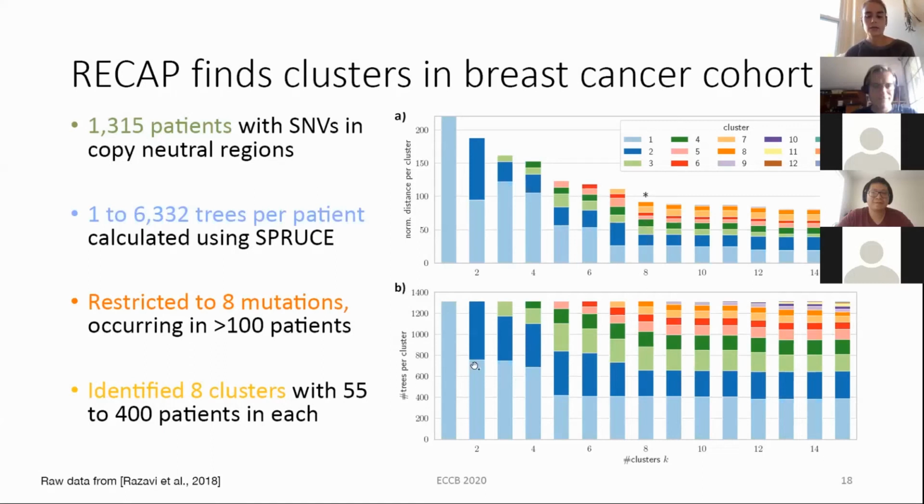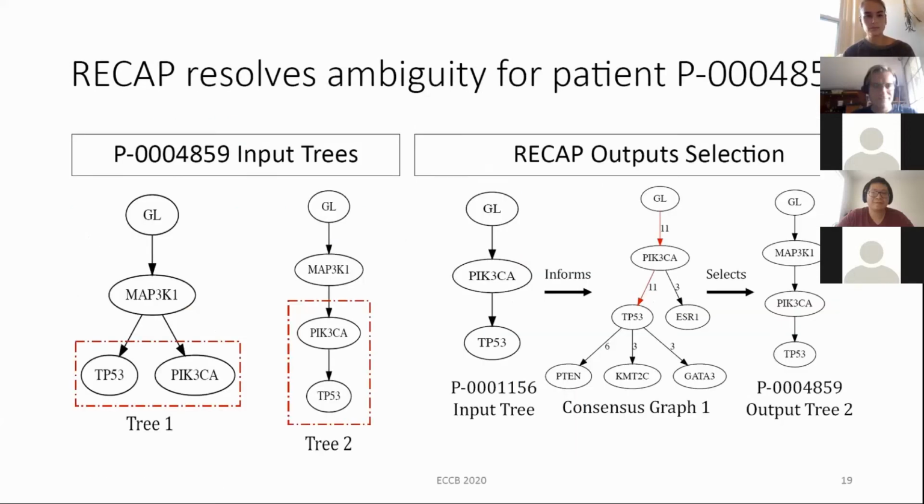And then in panel B here, this is trying to show the stability in our clusters. So as we increased K, we noticed not completely new types of clustering, but really subdivisions of existing clusters for lower values of K. So in that case, we found almost like a hierarchical clustering of our patients.